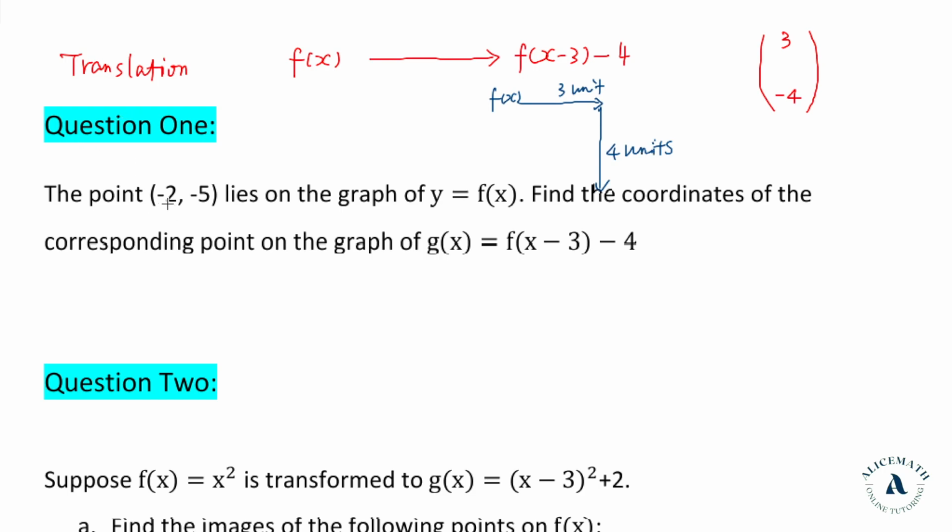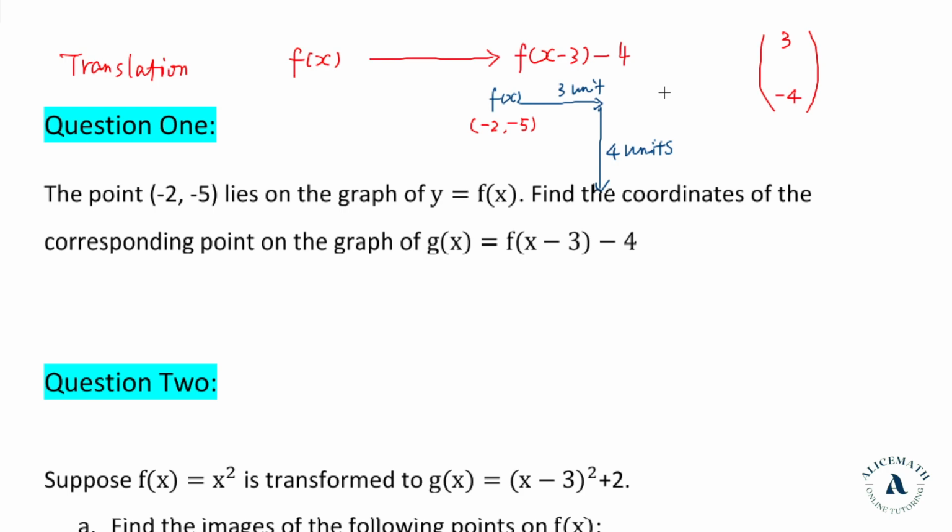And the point negative 2, negative 5 lies on the graph of f(x). So we have the previous point negative 2, negative 5. And now we move to the right side by 3 units.